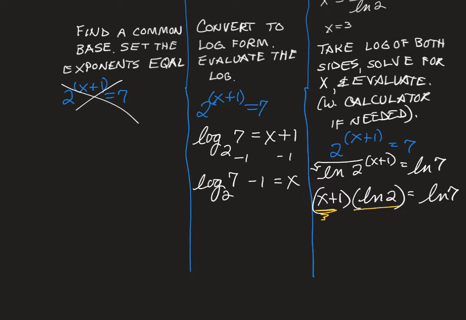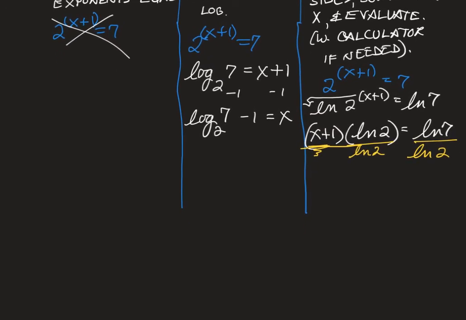It's multiplied by the expression that has my variable in it. I'm just going to divide both sides by the natural log of 2. And that leaves me with x plus 1 equals the natural log of 7 over the natural log of 2. I still need to isolate my x. I'm adding 1 to it over here, so I'm going to subtract 1 from both sides. x equals the natural log of 7 divided by the natural log of 2, minus 1.